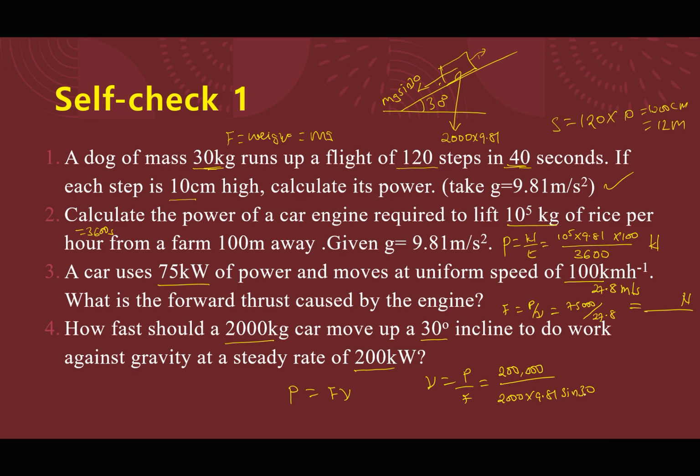So 200,000 divided by 2000 times 9.81 sine of 30. So the speed is going to be 20.4 meters per second. You can also verify. So here I may not be organized because I'm just giving you hints on these questions.